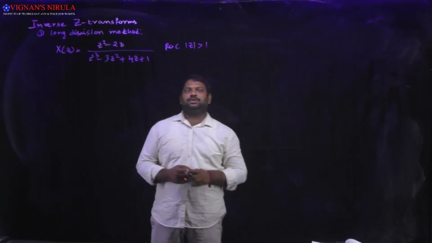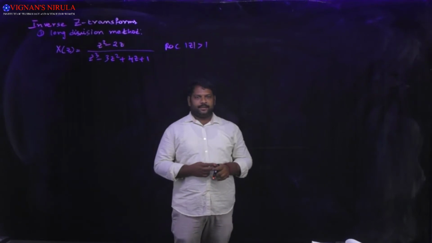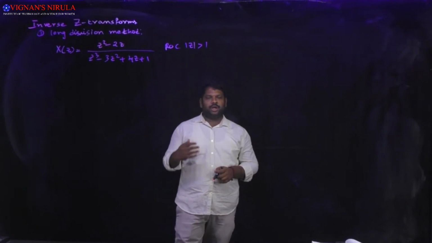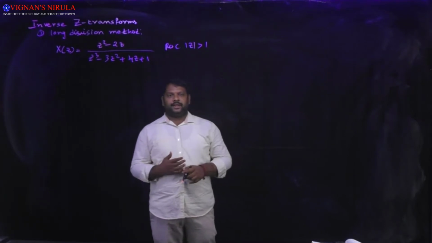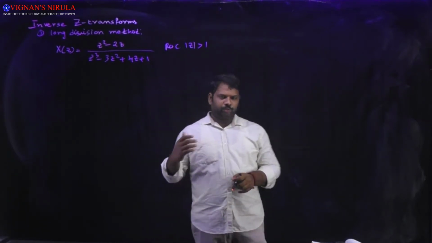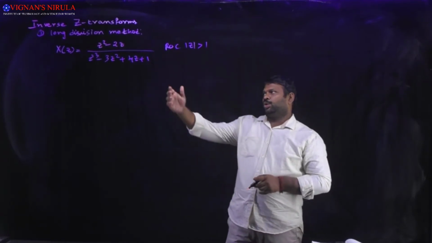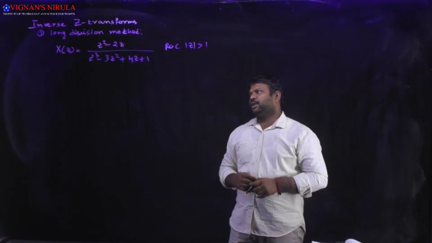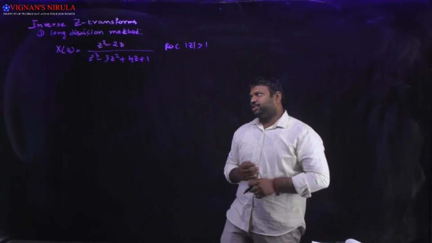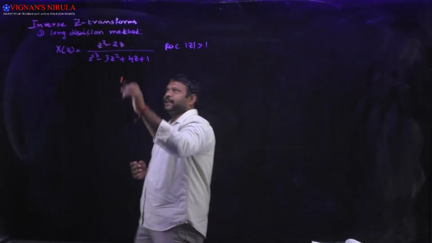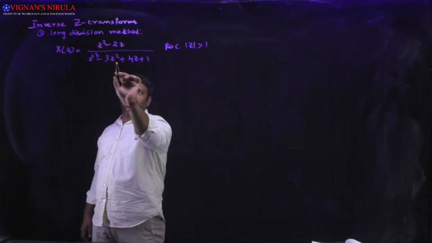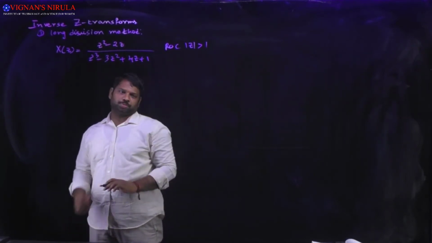Whenever we say that mod z greater than 1 is our ROC, then we should take the sequence as a right-sided sequence. For that, we should arrange the numerator and denominator in the positive powers of z only. That is, as it is like this. Here z square, z will be in positive powers, z cube, z power minus 2, z will be in positive powers.